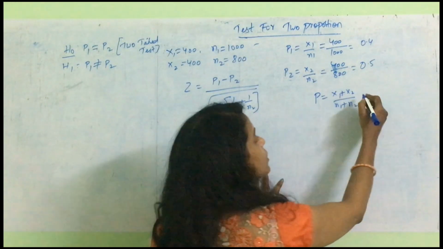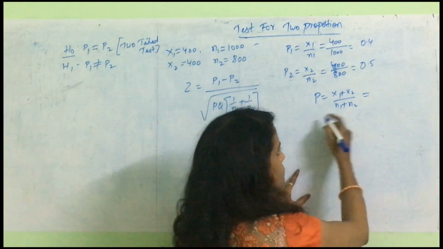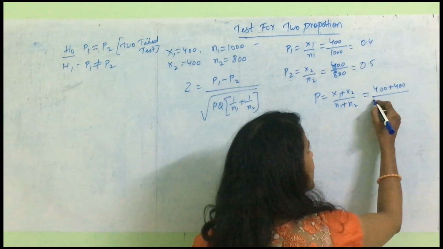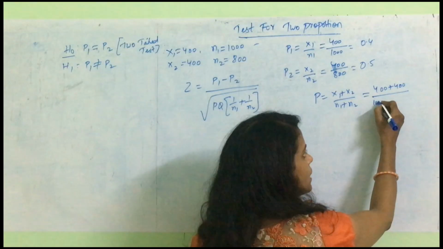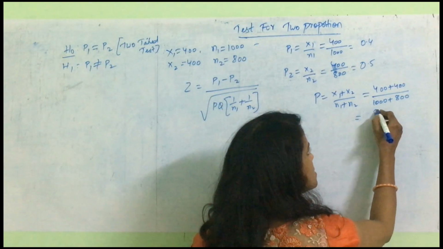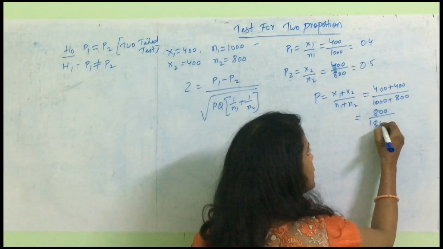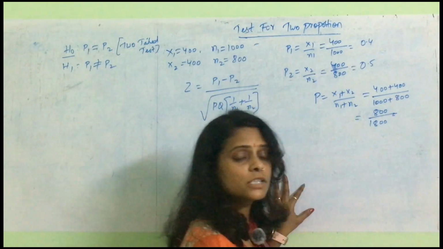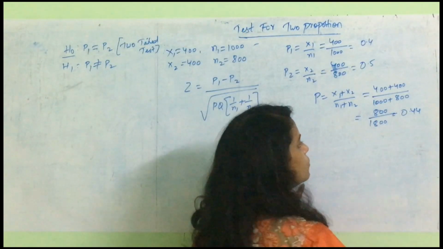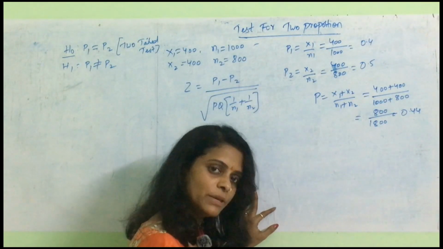Now you find out what is P. P is x1 plus x2 by n1 plus n2, that is 800 by 1800. So what is 800 by 1800? That is 0.44. So we have the P value.